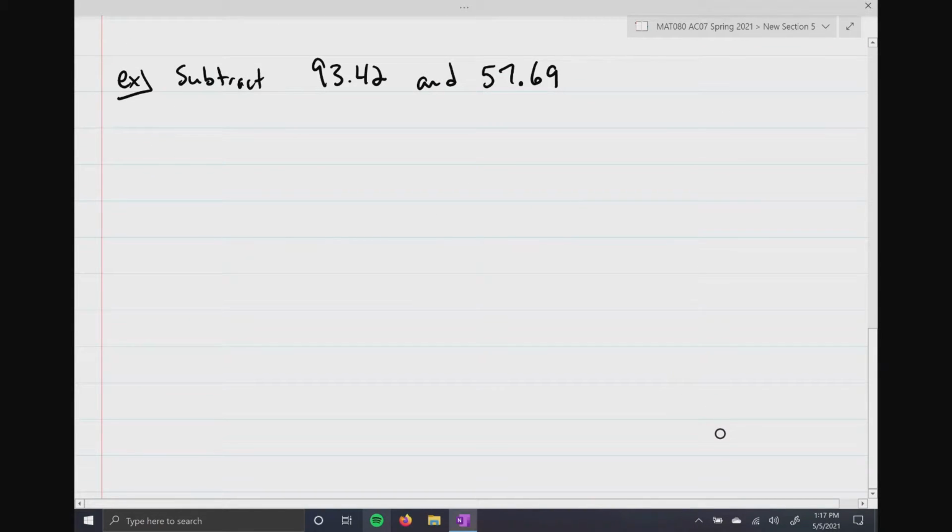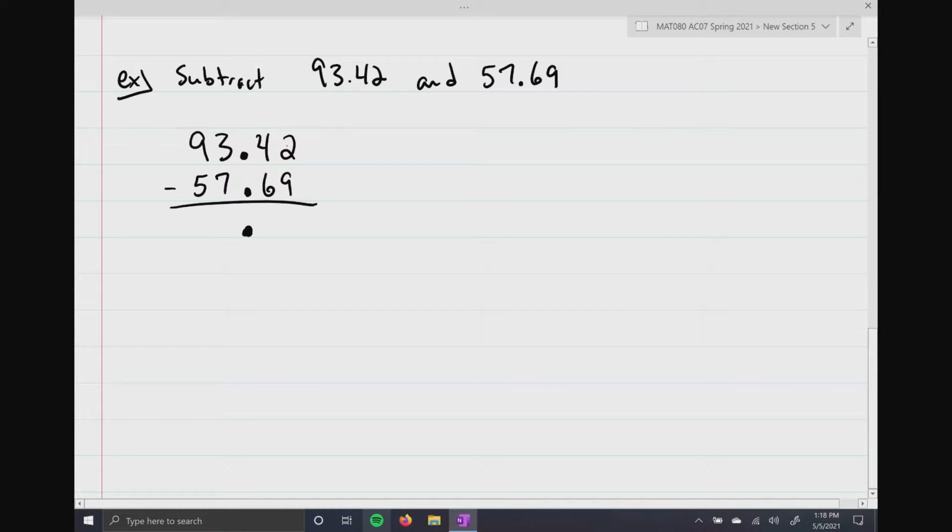Love it. So we're going to align the decimals. We're going to write nice and large and neat. I know my answer is going to have a decimal, which is in line with everything else. So now that I got everything set up, all I got to do is just subtract.